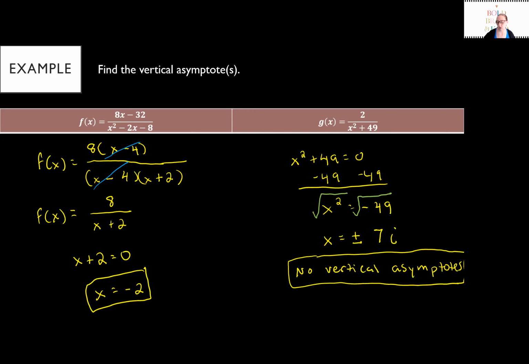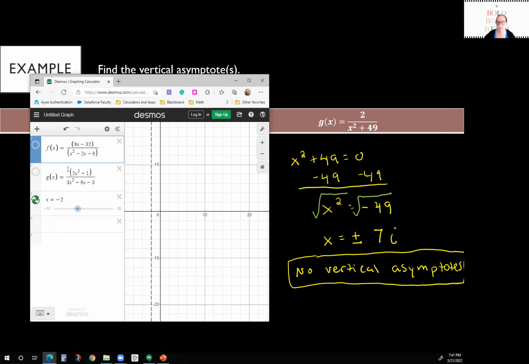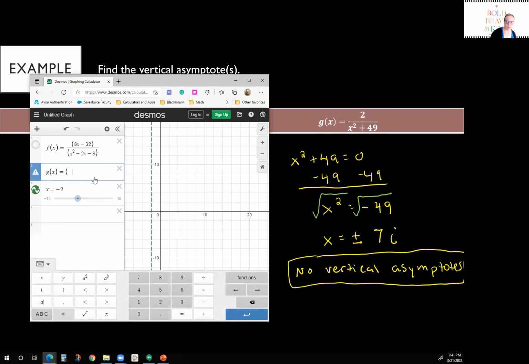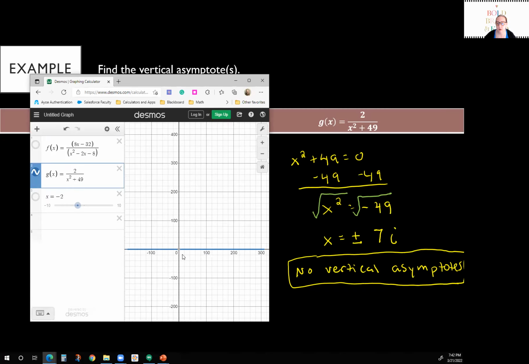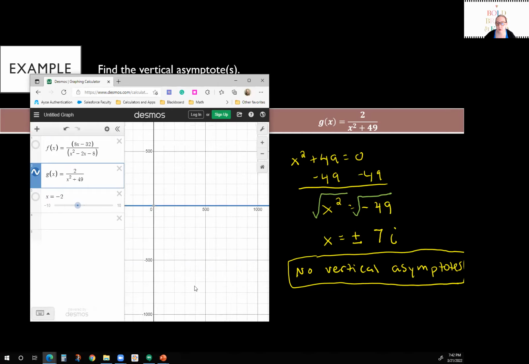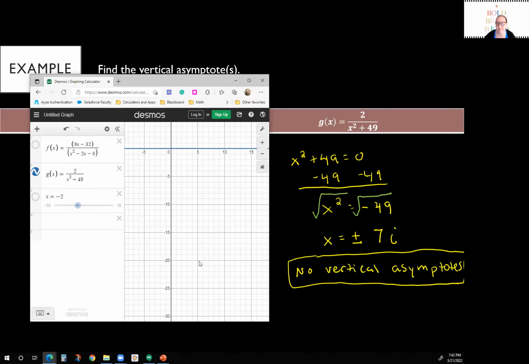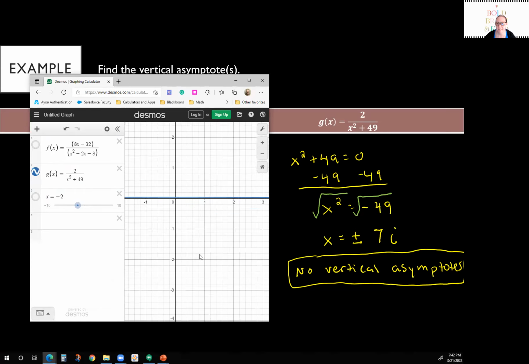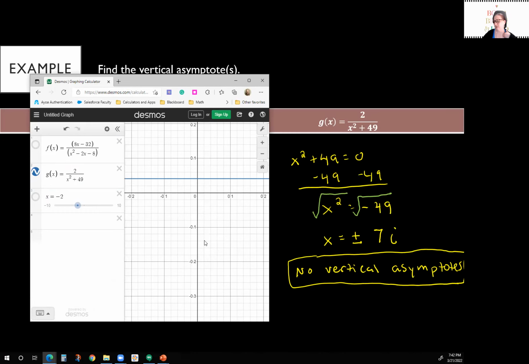So let's put this one on Desmos. Just 2 over x squared plus 49. I might need to zoom in. Sometimes it's like, do I need to zoom out or do I need to zoom in to see the graph? This is not an interesting graph.